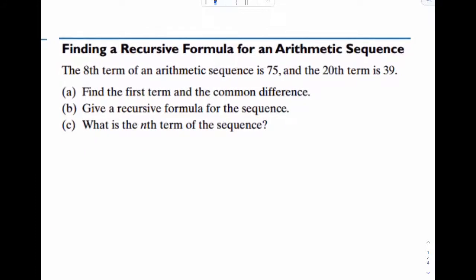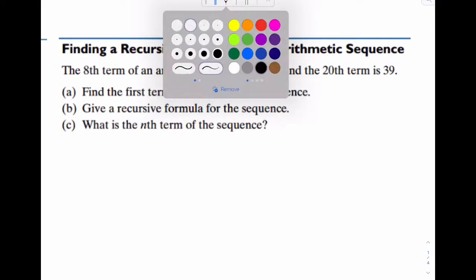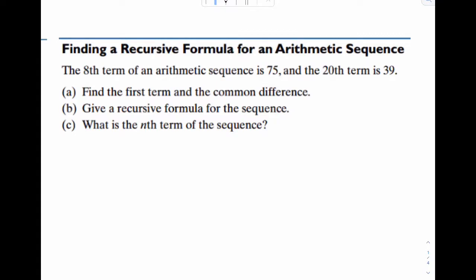It says the 8th term of an arithmetic sequence is 75. So I'm going to write down, I know the 8th term is 75. The 20th term is 39. So part A says find the first term and the common difference. So first term equals something, common difference equals something.